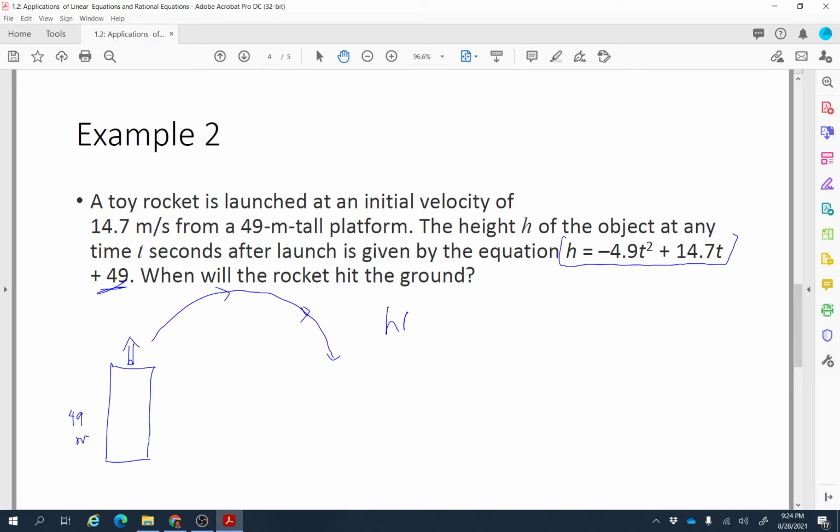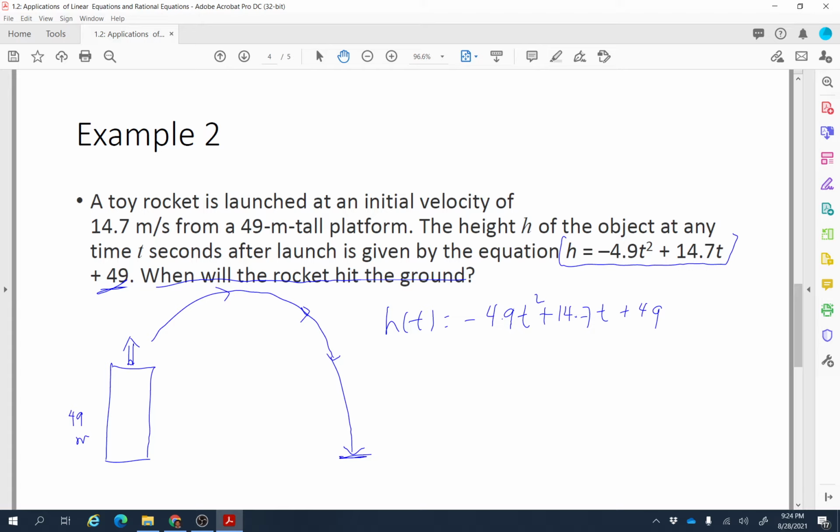The height is negative 4.9 t square plus 14.7 t plus 49. Our goal is to find out when the rocket will hit the ground. That means we need to find the time when this rocket hits the ground, when the rocket comes here, which means when the height is 0.